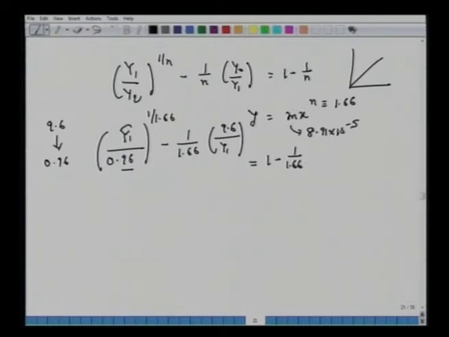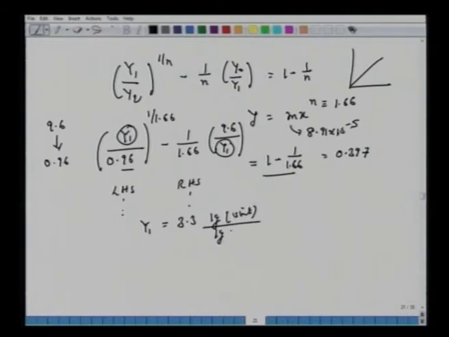You can see that Y1 has to be solved by trial and error or by iteration, since it is a nonlinear equation. Of course, this number is 0.397. If you solve by iterations, until the left hand side equals the right hand side, using one of the very old techniques, you should get Y1 as 3.3 units of color per kg of wastewater solution.